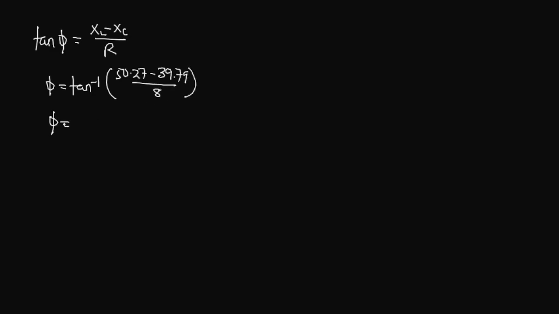Okay, so if we do the subtraction at the top before we divide by 8, we're going to get 10.48 as our answer. So the tan inverse of 10.48 will give us an angle of 52.63 degrees over here.